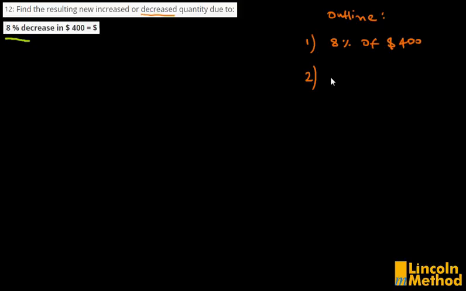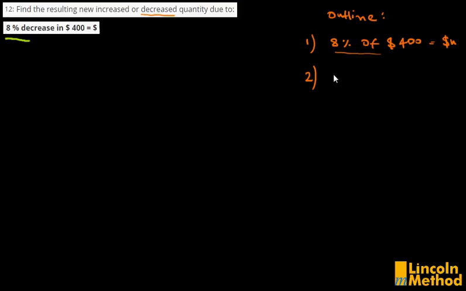The second step is to subtract the answer of this from $400. So let's suppose that 8% of $400 is X dollars. We're assuming that it's X dollars since we don't know the accurate amount yet.